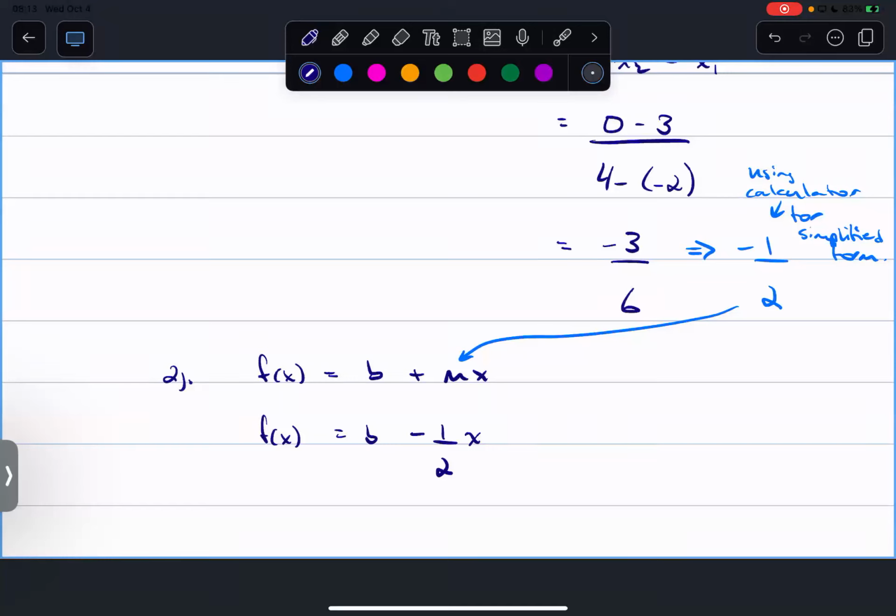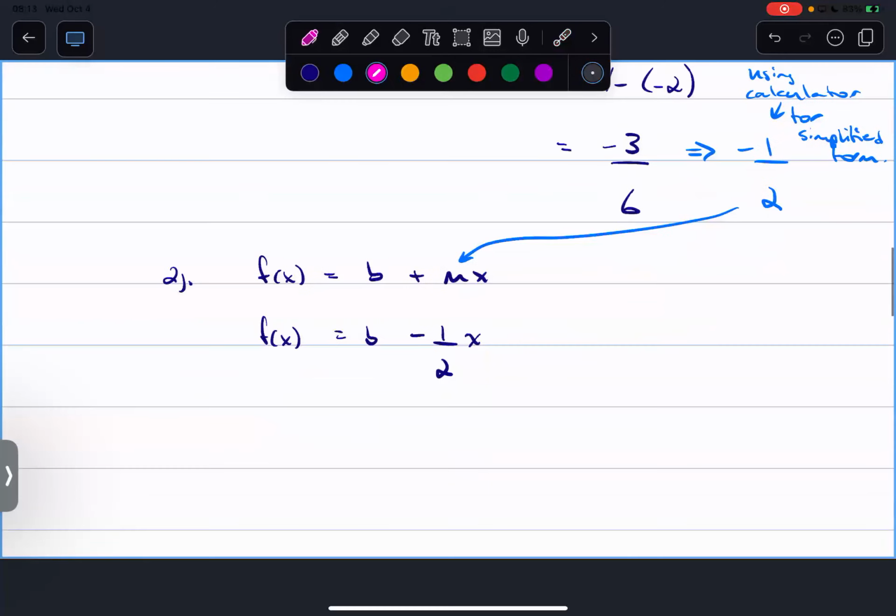Now, if we're lucky, we're given what the output is. Remember, the meaning of the intercept is the output, f of x, when x is 0, right? If you think about it in terms of what it means to be the intercept. Right? So here, recall, the intercept is the output when x is 0, right?